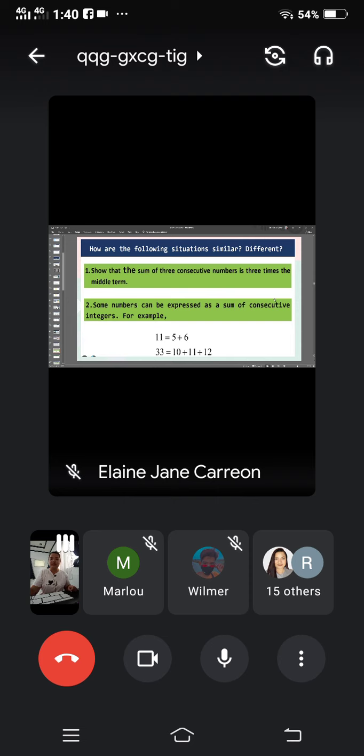Meaning, it even gave an example. Which of the two is open-ended? When we say open-ended, they need clarification. It may lead to another investigation or another problem. Anyone? Is it number 1 or number 2?